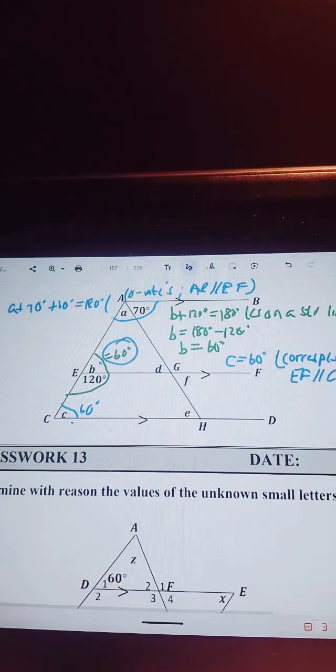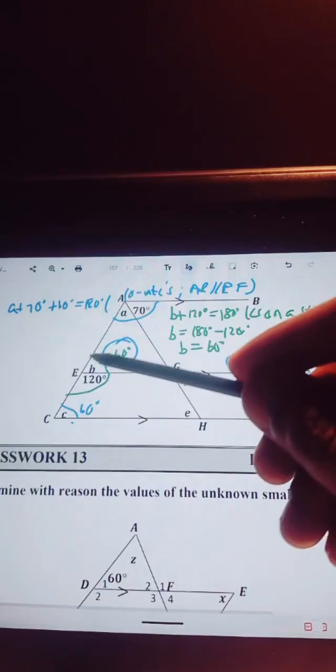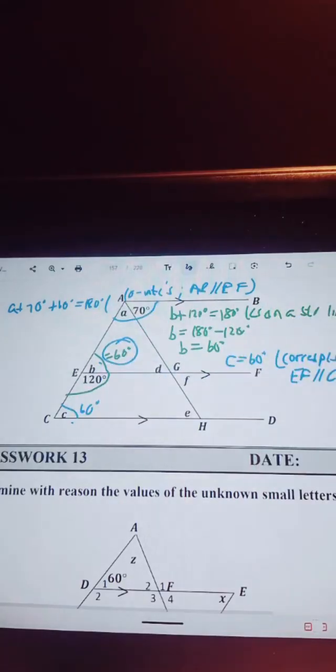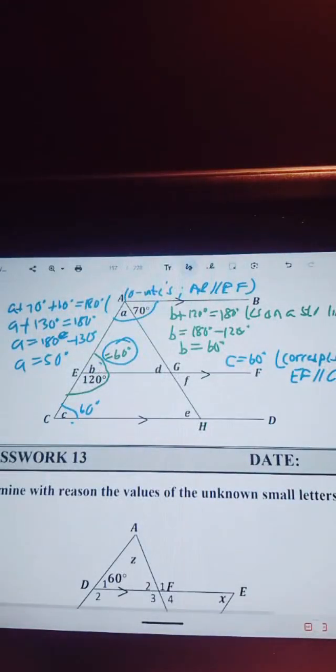This plus that plus that: A plus 130 is equal to 180. So A is equal to 180 minus 130. A is equal to 50.